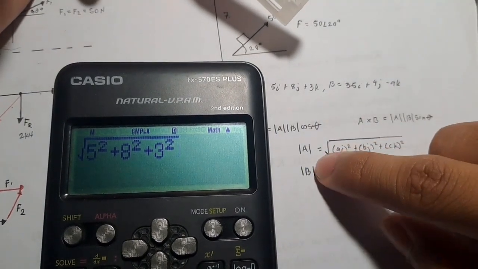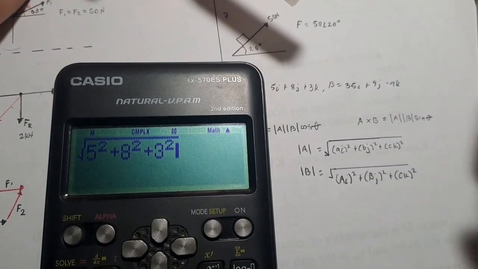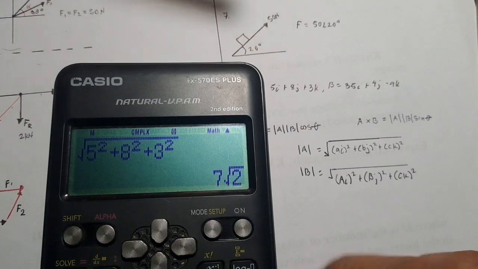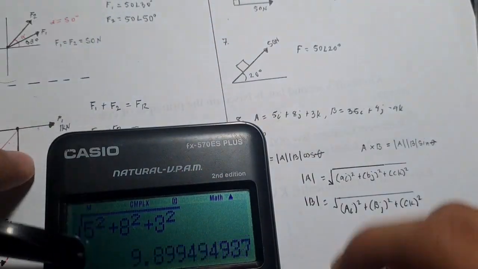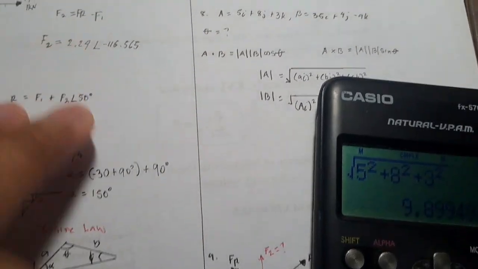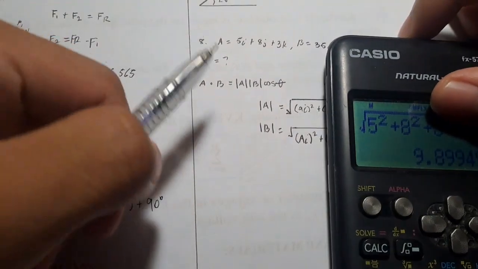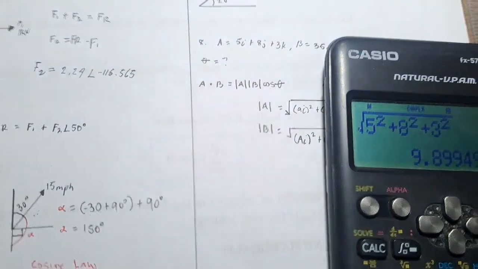Since our magnitude is scalar, wala ka ng i, j, k, wala ka ng x, y, z, giving us... So, one more thing to note here. Sa magnitude, when it comes to unit vector pala yung mga to. Ang only purpose nila is to point.